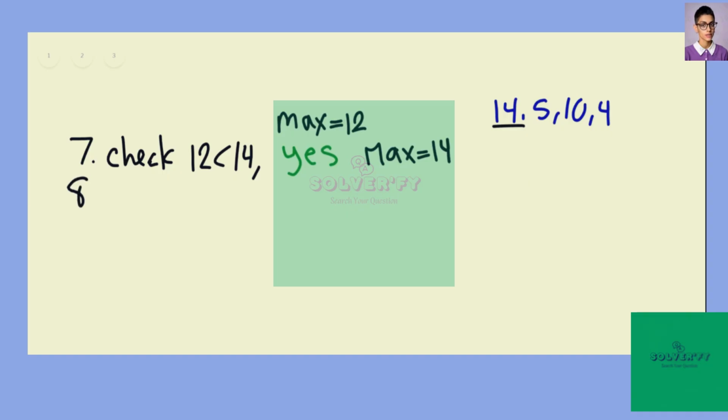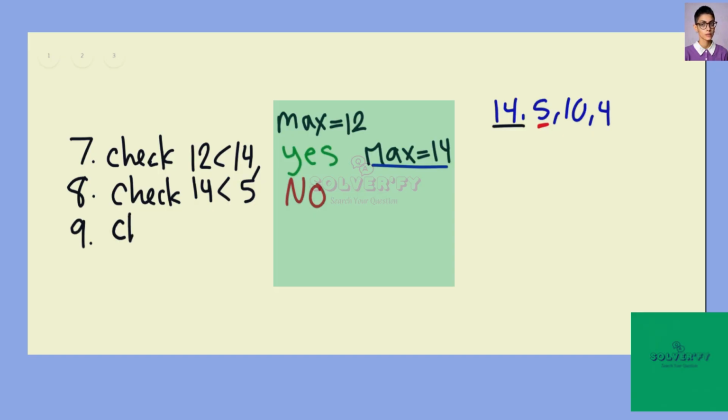So now we have step 8, where we want to check to see if our current max, which has changed, it's now 14, is less than the next element in the list, which is 5. Right? And the answer is no. So the max will stay the same.